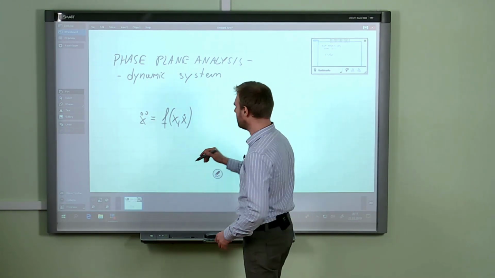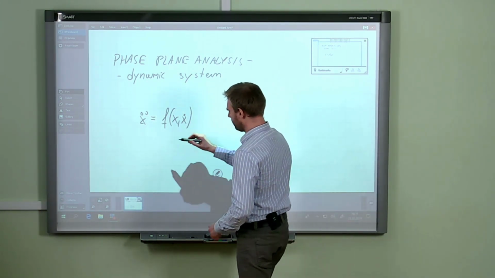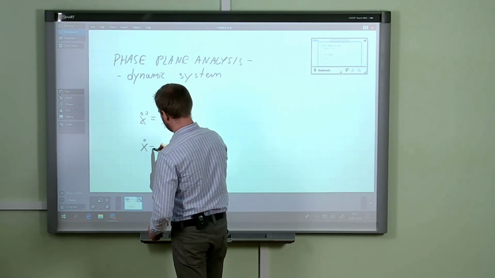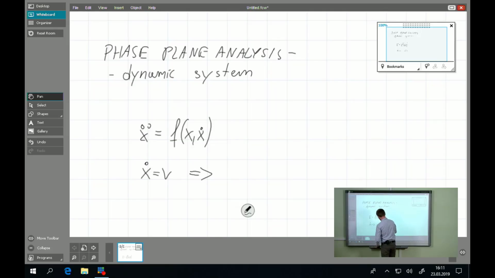And like we stated last time, if we have such a form of the right hand side of our governing equation, then we are able to make some substitution. I mean, we are able to put that x dot is v, and it causes that x double dot can be computed as v dv over dx.